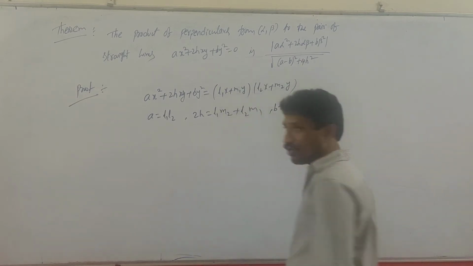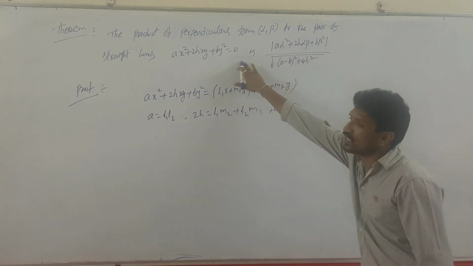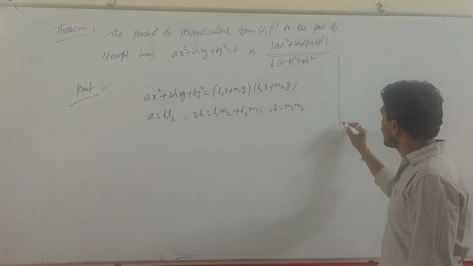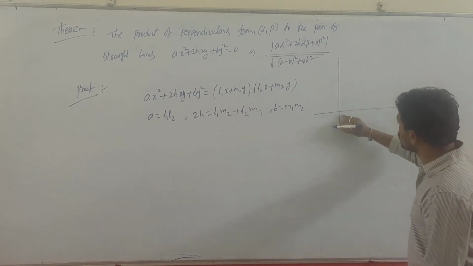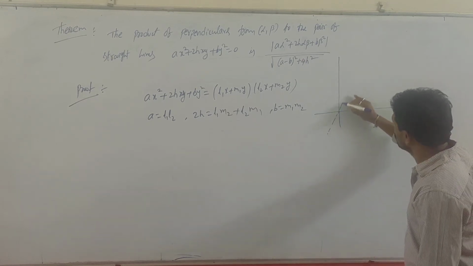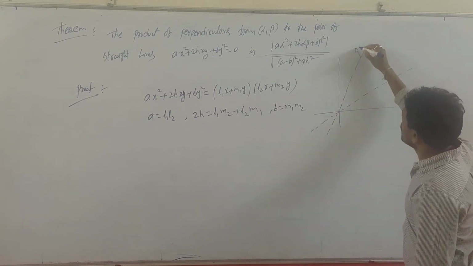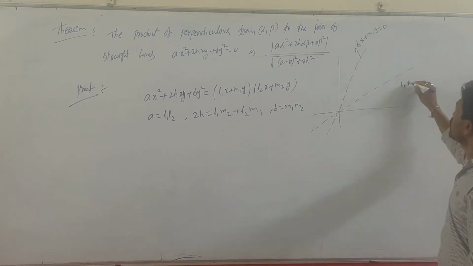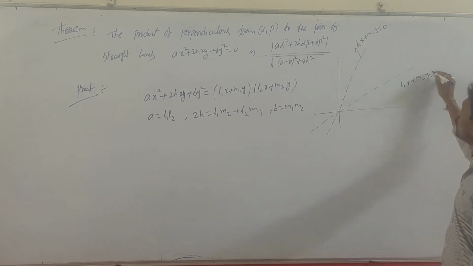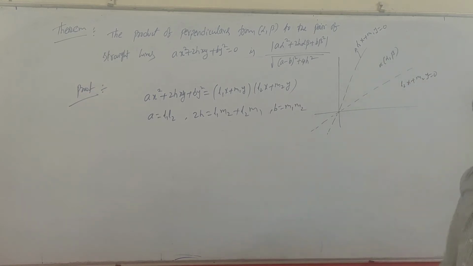See, what is the meaning of this? Let us take this pair of straight lines passing through the origin. This is L1x + M1y = 0, L2x + M2y = 0. Here we have some point (alpha, beta).